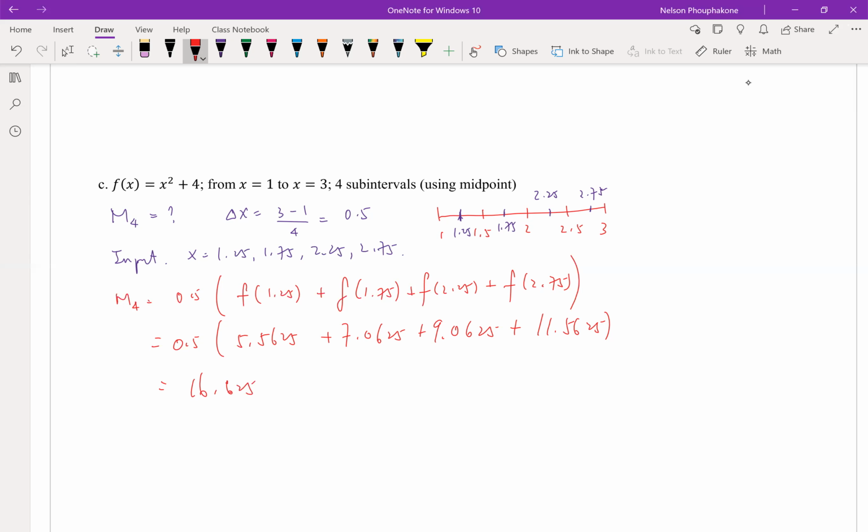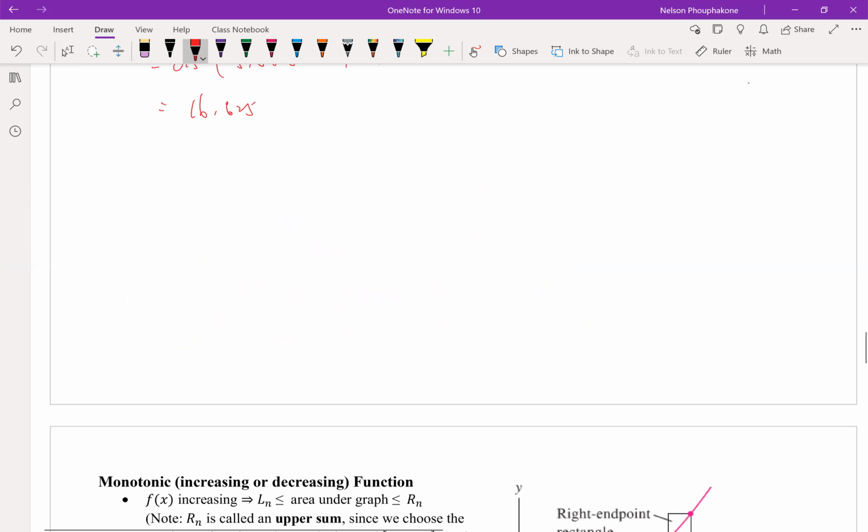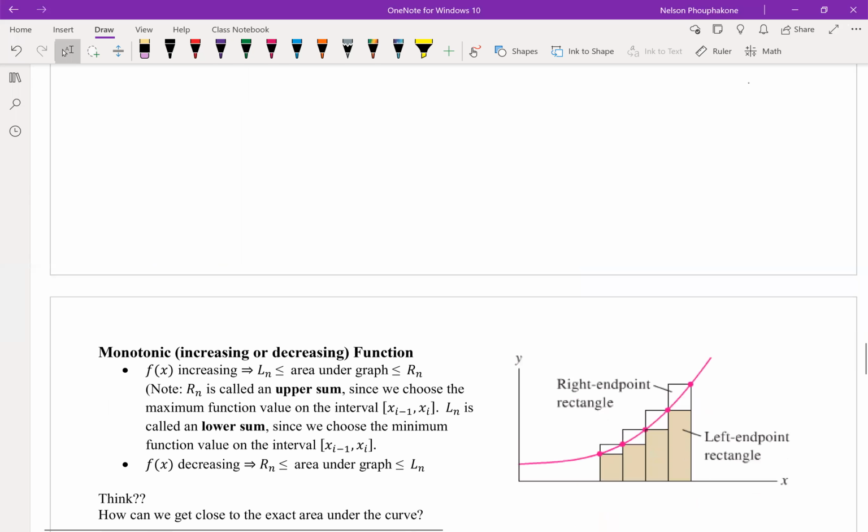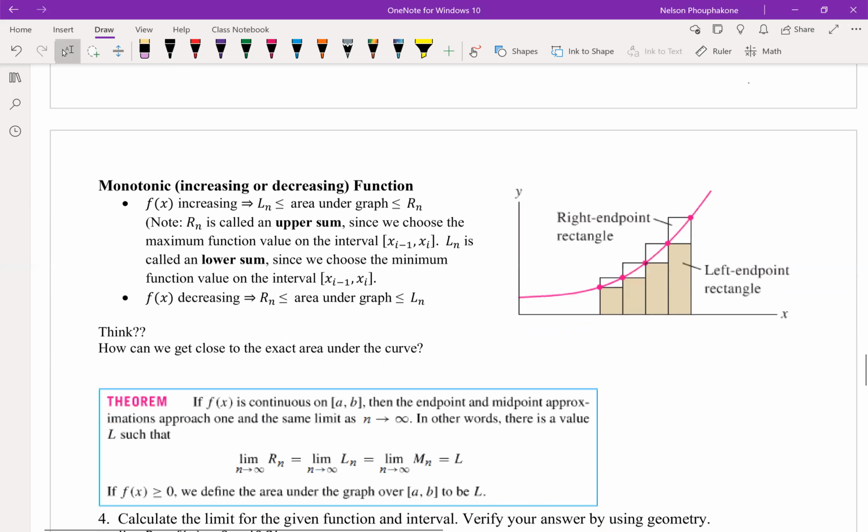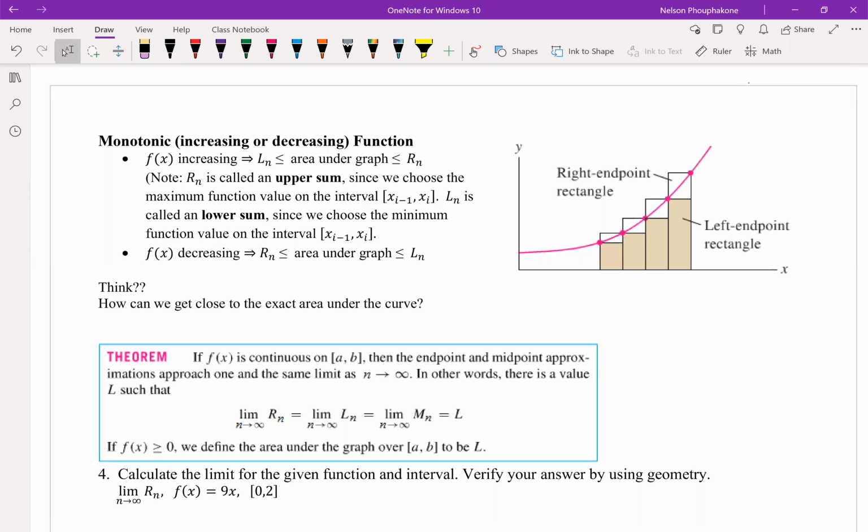Okay. So then this is the idea about the midpoint Riemann sum. Okay, so then let us get to the next page now.